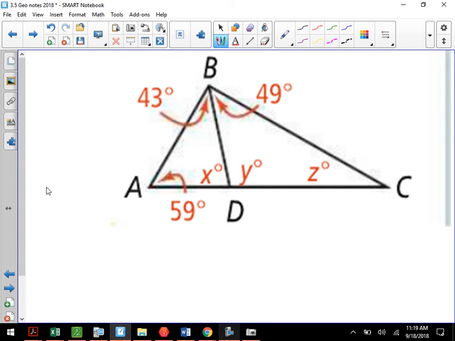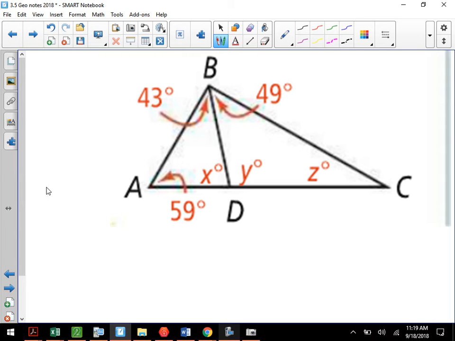Again, as I've said, we're going to have diagrams. We have to find missing angles, which means you can do this many, many different ways. What do all the angles in a triangle always add up to equal? 180.